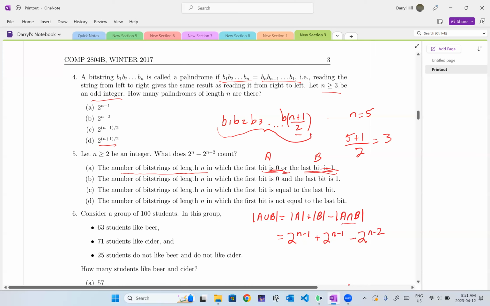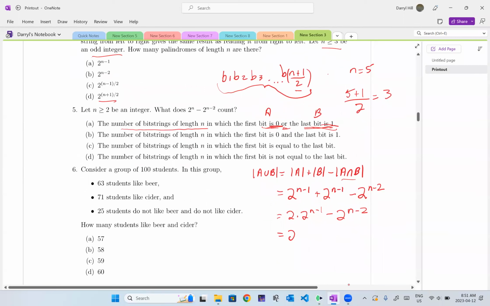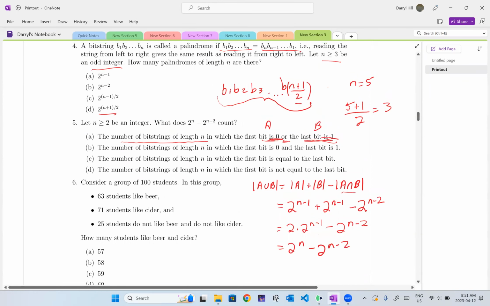So if I add this up, this is 2 times 2 to the n minus 1 minus 2 to the n minus 2. 2 times 2 to the n minus 1 is simply 2 to the n. So yeah, that looks like number 1.